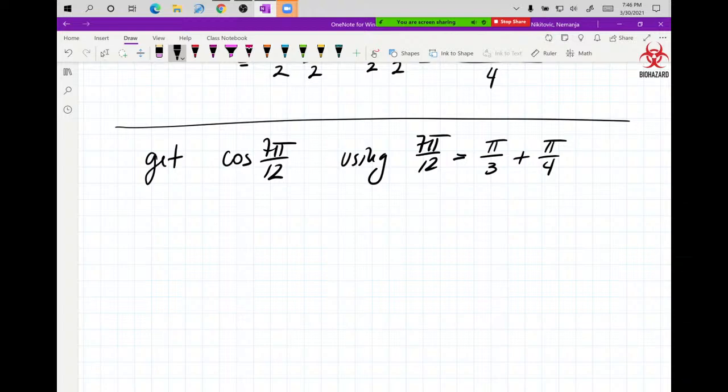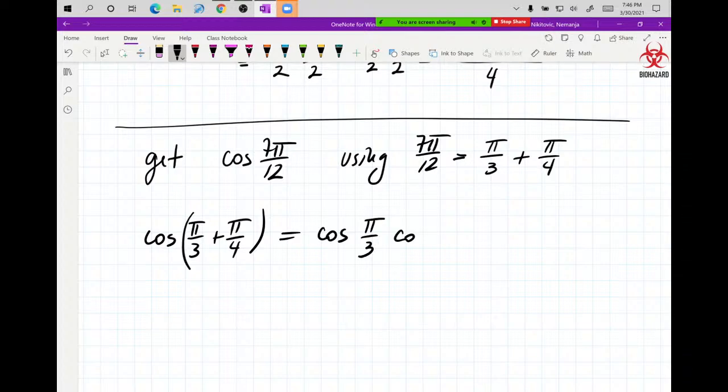Not a problem, I hope. Cosine of pi over 3 plus pi over 4 is cosine of both. Change the sign. Sine of both.